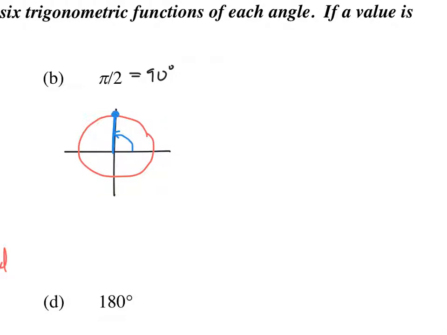So the big question is, what is the point at which the terminal side meets the circle? 0, 1. Remember that the x value is 0, it's going straight up, it's just 1. All right, so sine of pi over 2. Anybody?